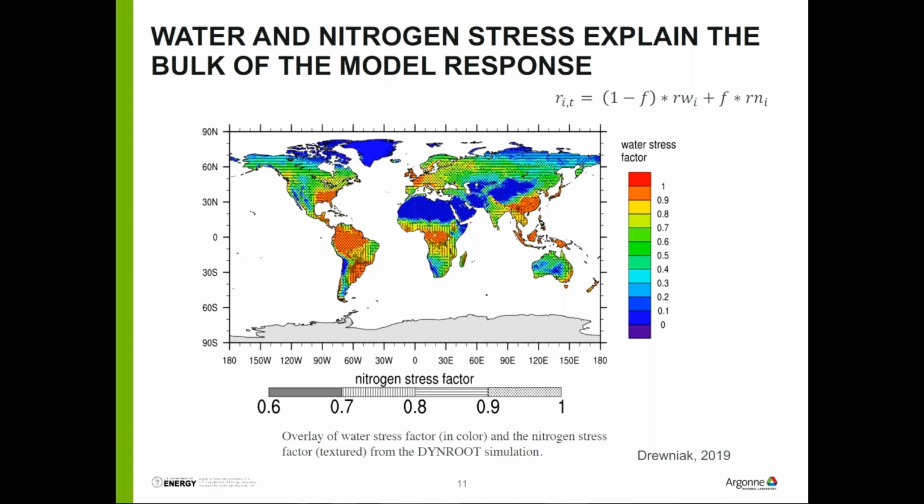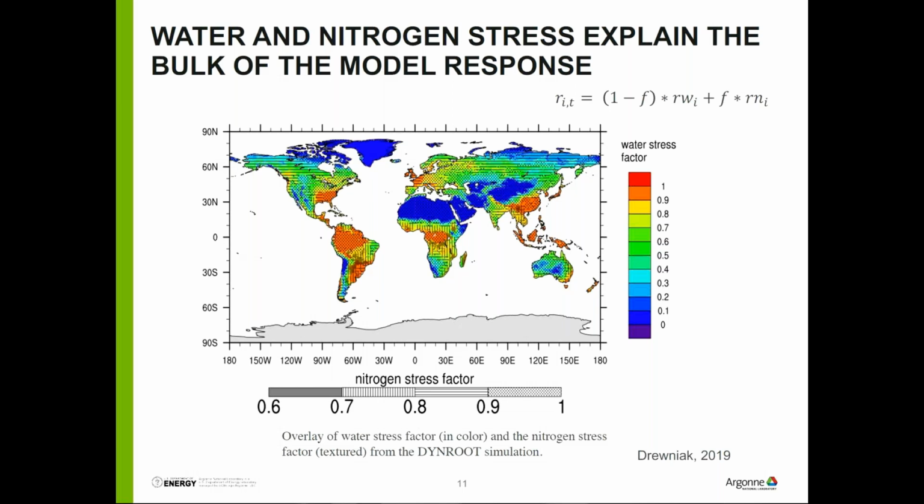So if you recall, the higher values of that F parameter in our formula result in more weight to the soil layers with nitrogen, and low values of that F result in more weight towards soil layers with water. So regions that have nitrogen stress and water stress that are close to 1, which means we don't really have that much stress, they don't have that much change in gross primary productivity.